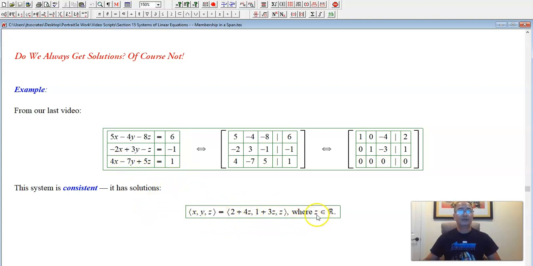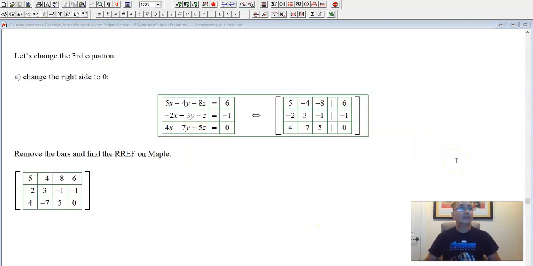Okay, so we have a free variable z, so you have an infinite number of solutions. So what we're going to do is we're going to play with this system and see what happens. We're going to change the third equation. Change the right side of the third equation to a 0. Okay, so of course that corresponds to this augmented matrix, also with 0 over there.